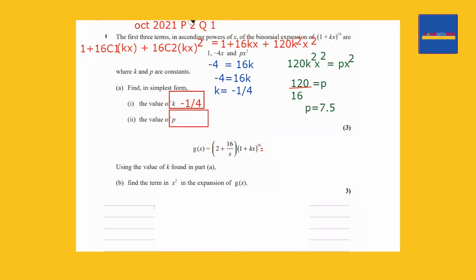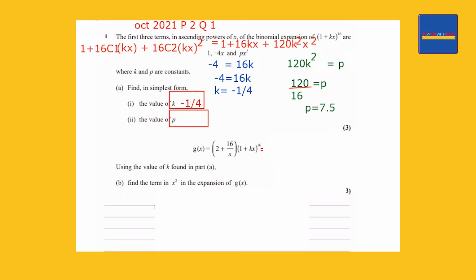Now the second term we know is px squared, and that's equal to 120k squared x squared. So we equate each of them. Again we can divide both sides by the x squared term. So we end up with 120k squared is equal to p.